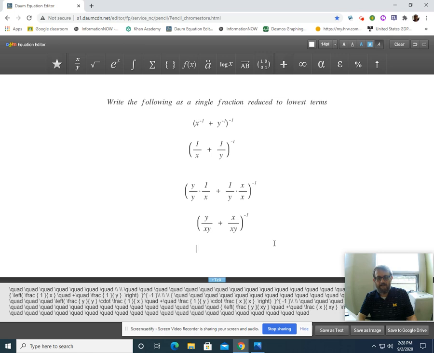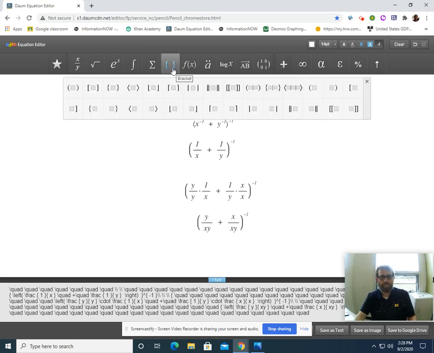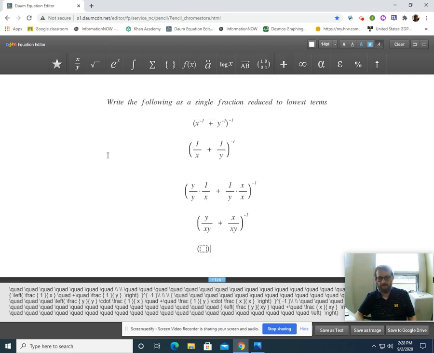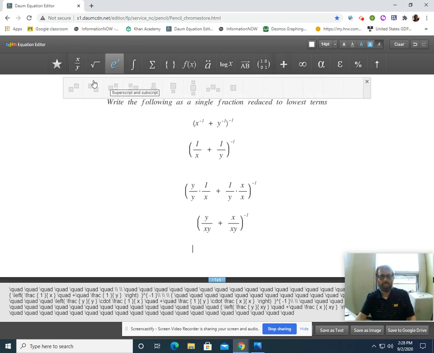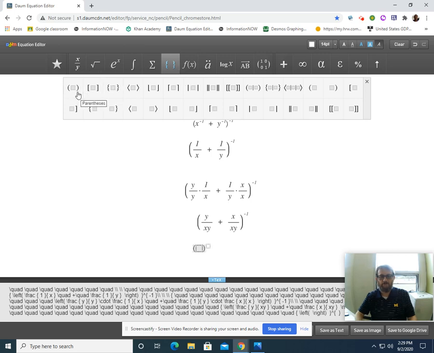Now, I can combine them as one fraction because I'm adding fractions. Well, when you add fractions, the denominator stays the same. So I know I'm going to be adding those two fractions together.